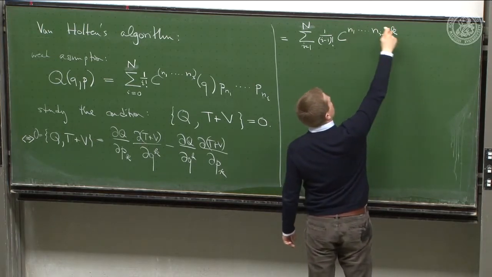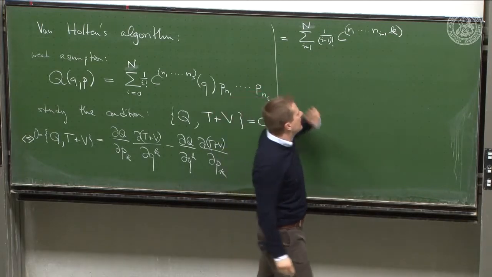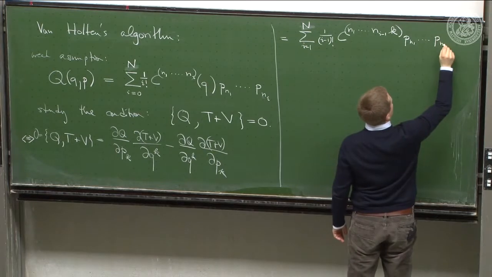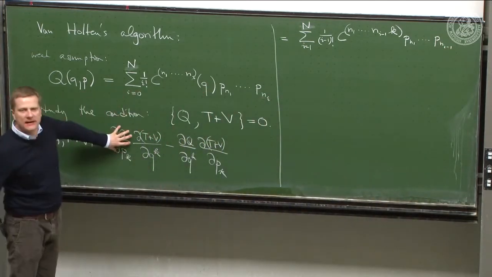In principle, I have to do this at every point, but because the whole thing is symmetric, I can just do it for the last if I have the right factor here, and then I have the Pn1 up to Pni minus 1, and that's the derivative of this guy. Agreed?